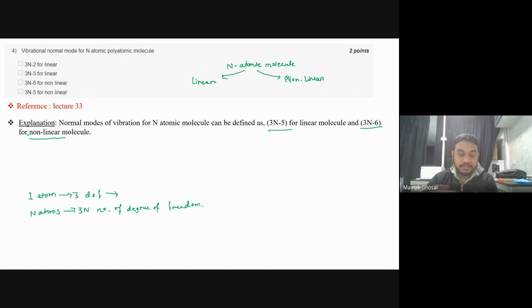Now, the basic question: out of this 3n number of degrees of freedom, why is it reduced?